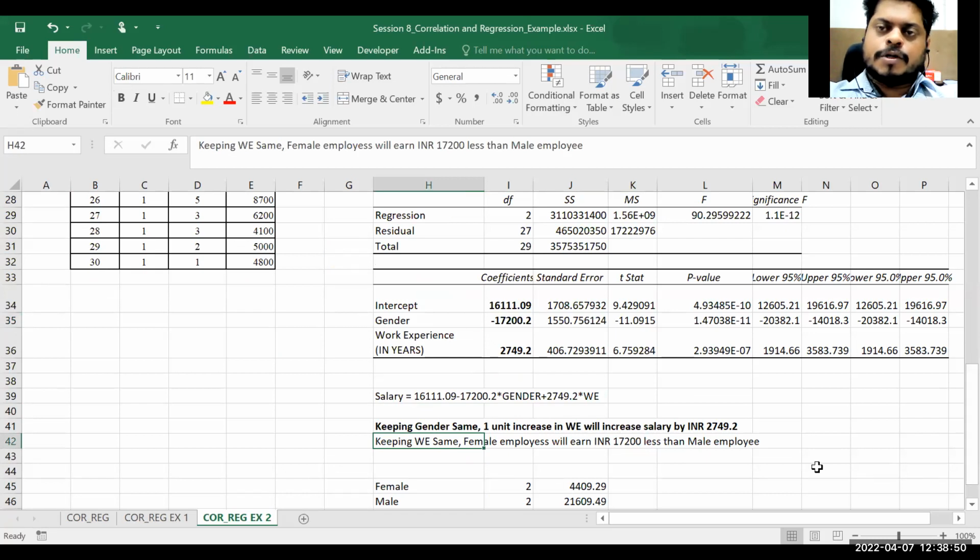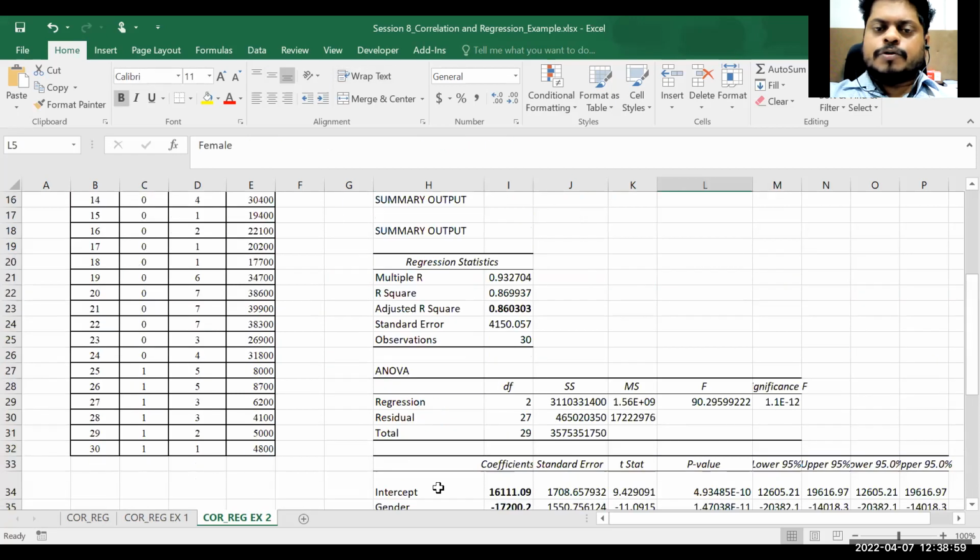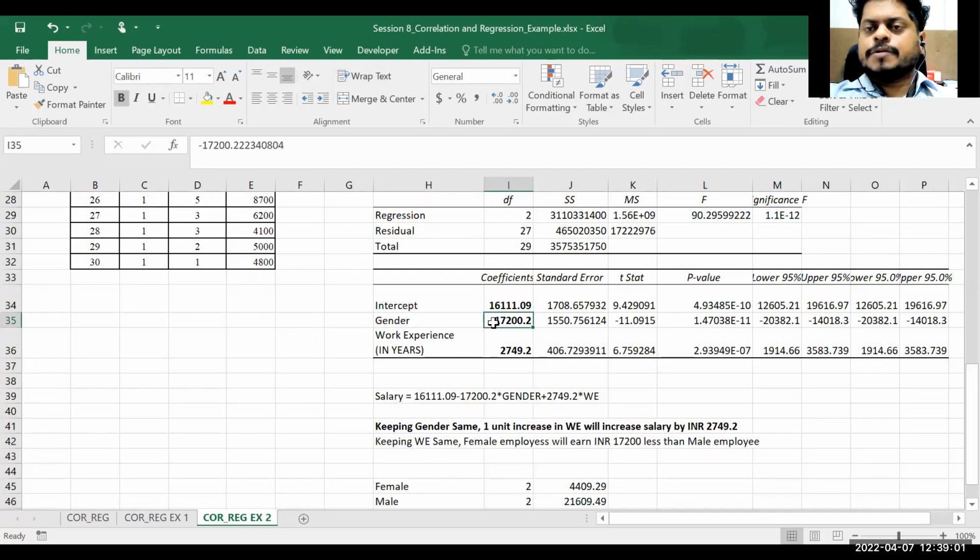How you interpret it also remains the same, only how you write it will be different. If I change male to 1 and female to 0, this number will become positive. The result still remains the same. The difference is 17,200. The male employee will earn 17,200 more for the same level of work experience, right? Is this part clear?